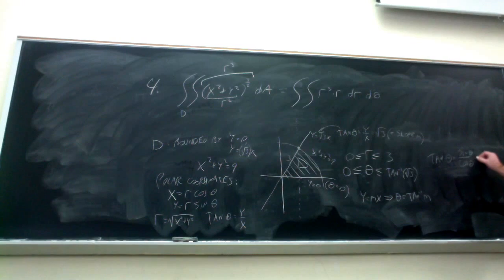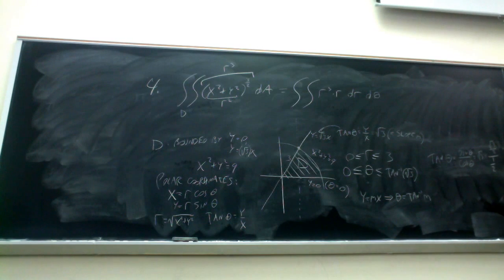So you want this to be square root of 3, which is the same as square root of 3 over 2 over 1/2. These are values of sine and cosine that you would know, because square root of 3 over 2 is sine of what angle?